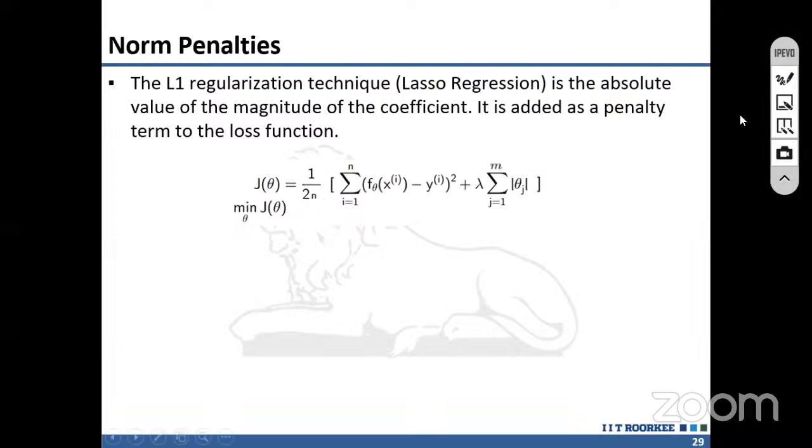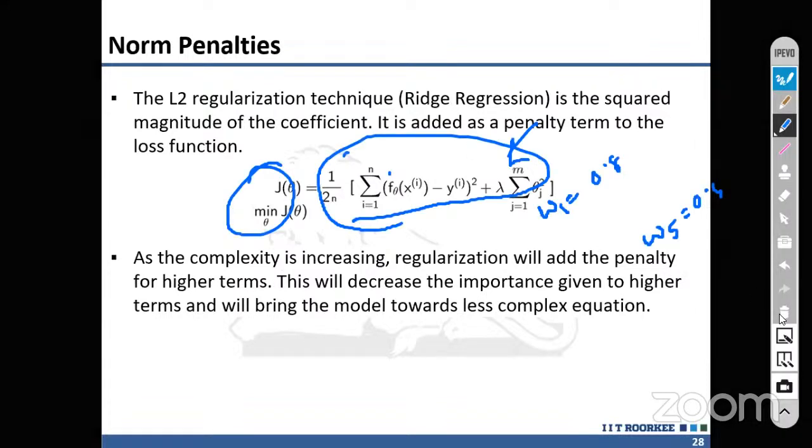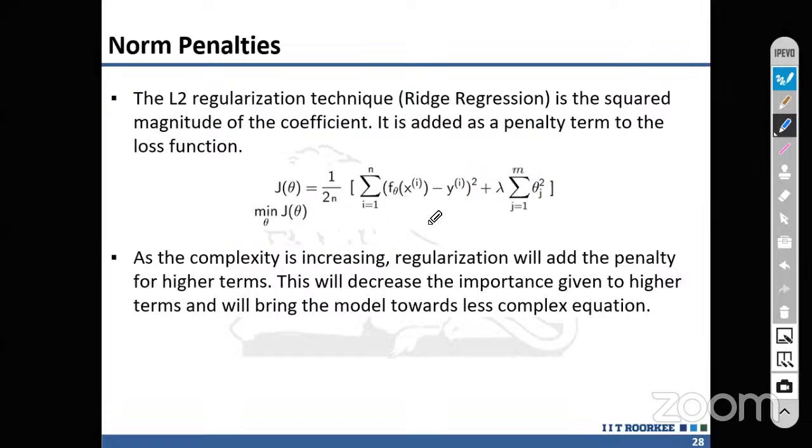Then you have another one. This is called L2 regularization or ridge regression, where we consider the loss function, and these weights are also included, but with the square term. So we add W1 square plus W2 square, and all those terms.